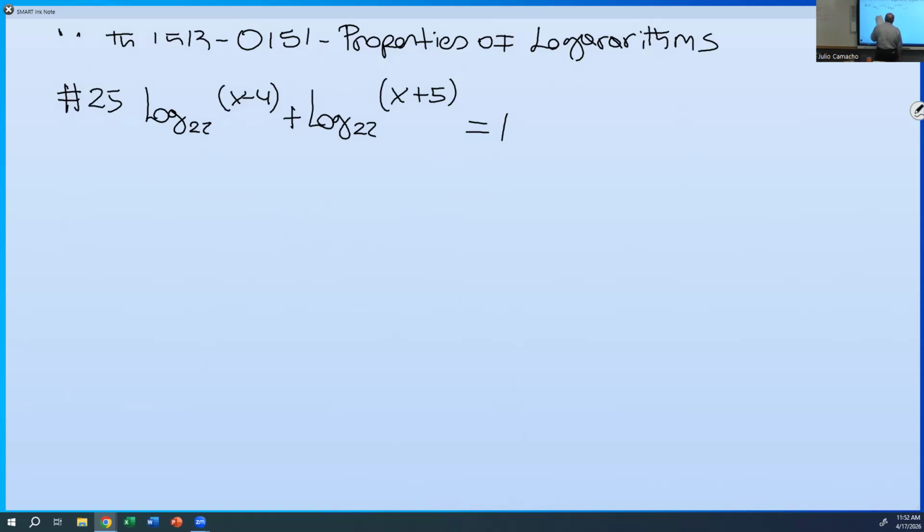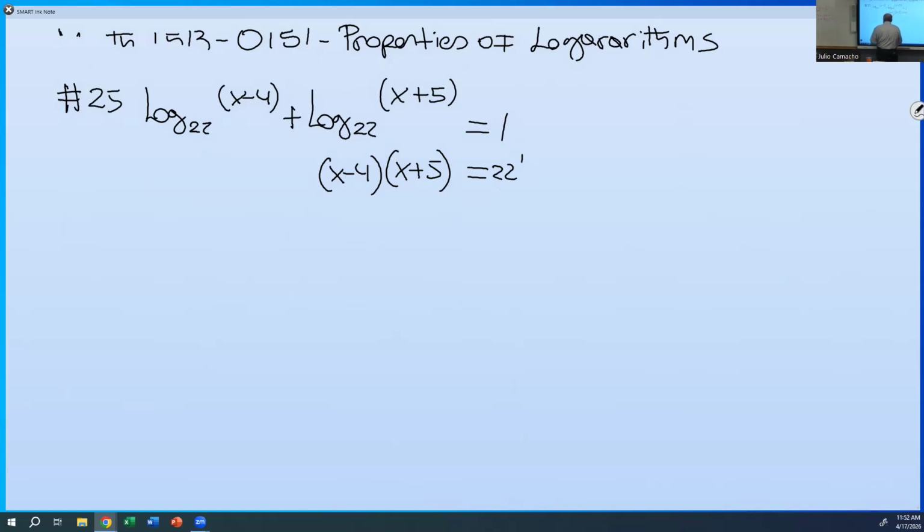In this case, we are adding these two logs, and because it's the same base, we can write this logarithmic equation as the product of these two expressions, and then bring the base to the front, and that will be 22 to the 1.